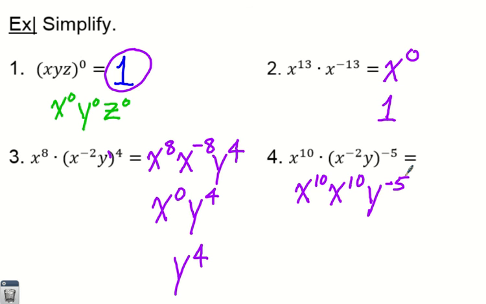And yeah. So hopefully you notice that you can multiply this together to simplify. Remember, you want a final answer that is as simplified as possible. And so what do you do here to simplify? You add the powers. And are we done yet?